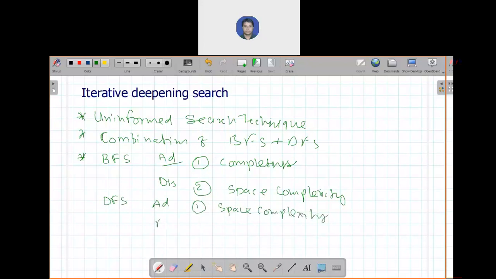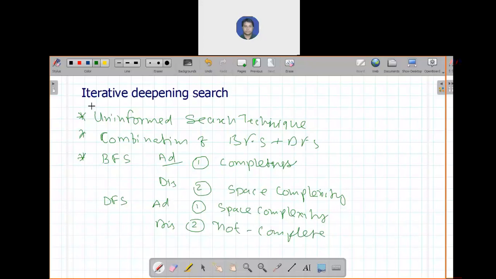And a disadvantage of DFS is incompleteness. It does not give you a guarantee of finding the solution. It is not complete.